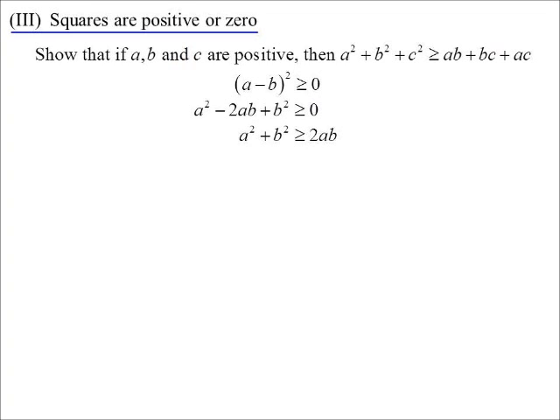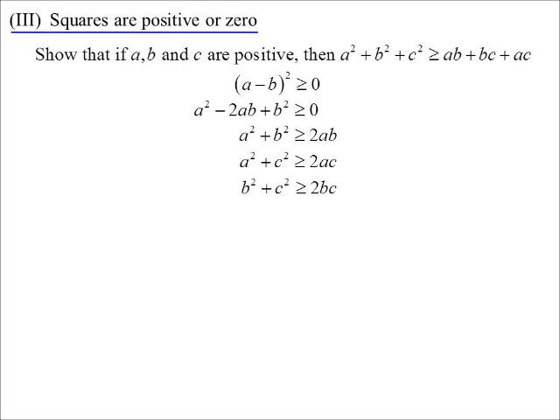Okay. a and b are just random letters. I could have done it with a and c. So if a squared plus b squared is always greater than or equal to 2ab, then a squared plus c squared must always be greater than or equal to 2ac. But hey, I could have done it with b and c.